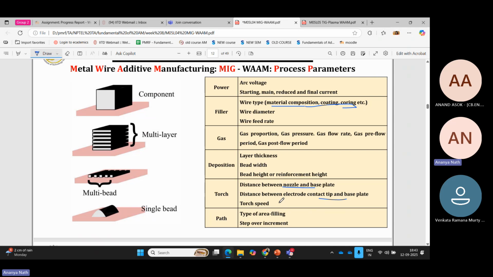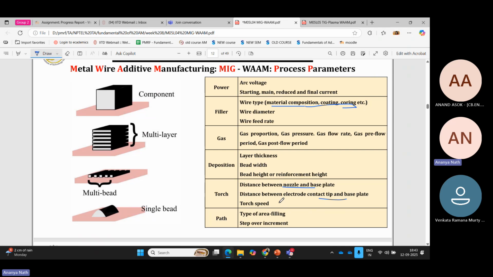Can you tell me what happens when we increase the arc length, and what happens when we decrease it? Just recall that concept: there is globular transfer, spray transfer, or short-circuit transfer of the material.